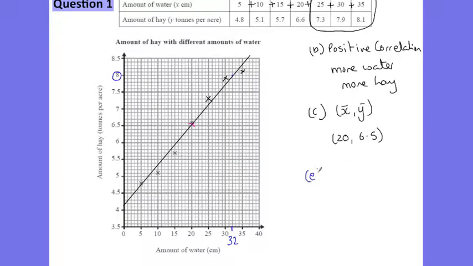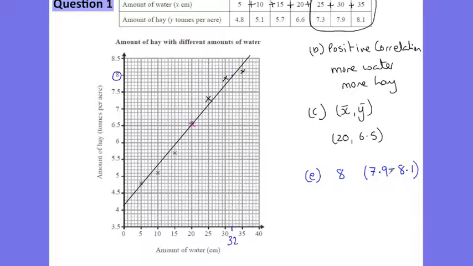So our first part for part E gives us a value of 8 tonnes per acre. You need to check your line of best fit, and you need to check that your answer is somewhere between 7.9 and 8.1. This is the range of values available in the mark scheme for this question.